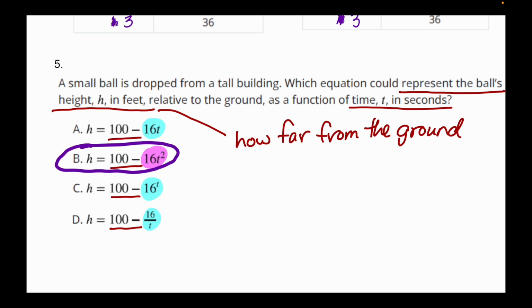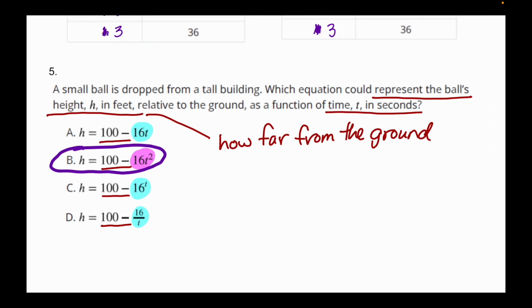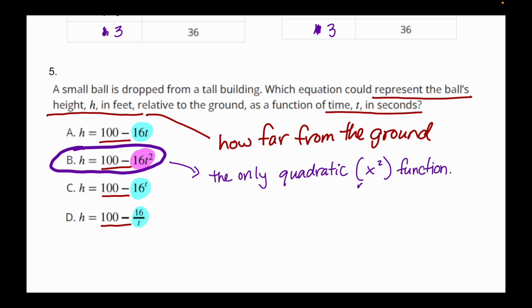Now it doesn't ask me to explain why, but I'm going to say this is the only quadratic, and I'll say maybe this is like an x squared function. Because when you have quadratic, I like to think of that as just meaning x squared. It's the only one with, in this case, t squared.